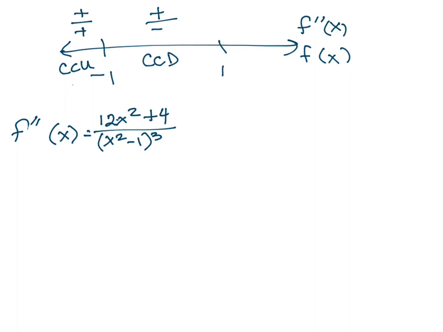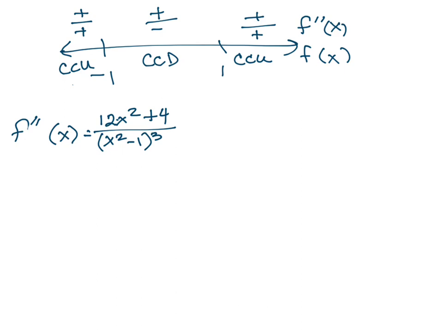And then if I try a large number greater than 1, same as when I plugged in a number less than negative 1, that's going to be a positive on top and also positive on the bottom. So this is concave up on the interval from 1 to infinity. Okay, so we've got to do some justification here.